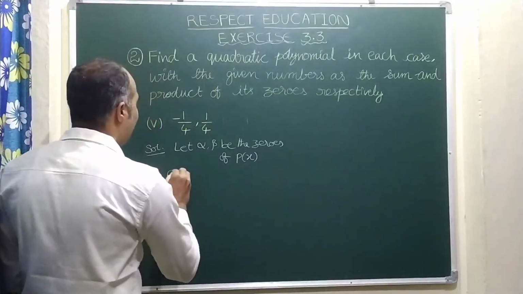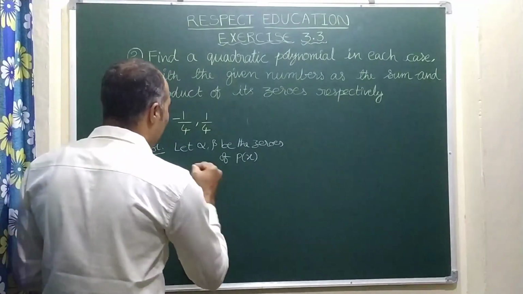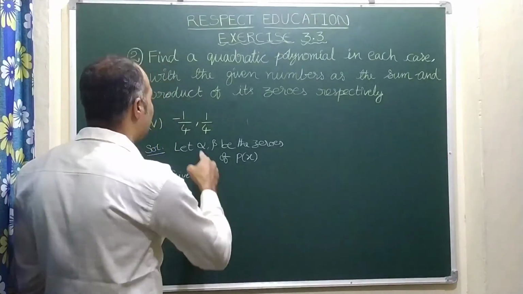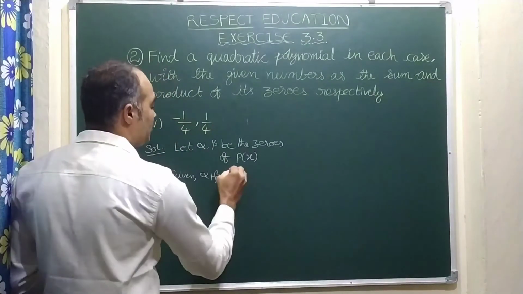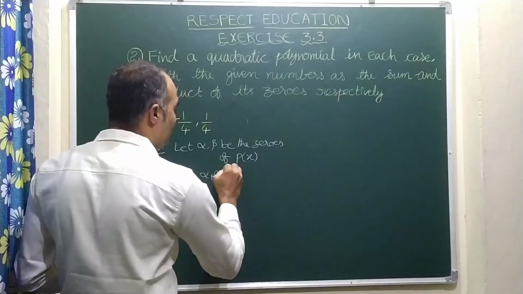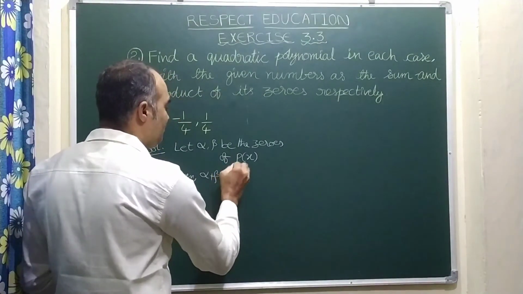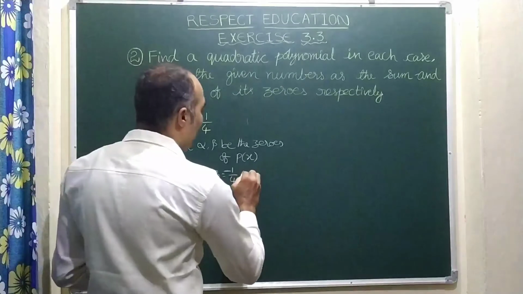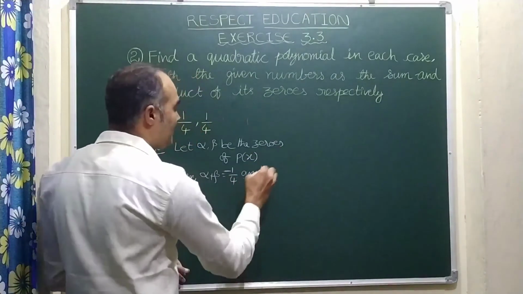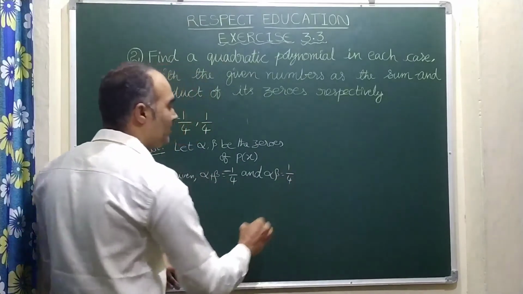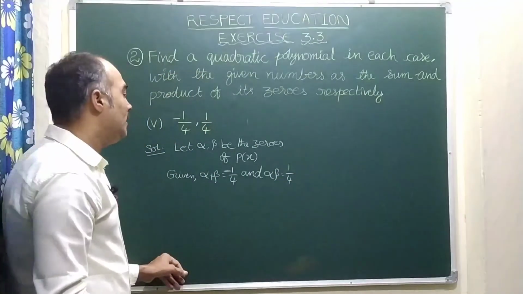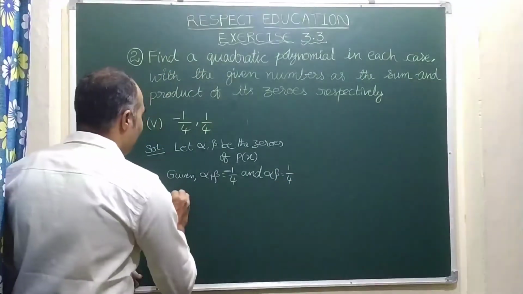So here given, since alpha and beta are the zeros, sum of the zeros, means alpha plus beta is equal to first value, that is minus 1 by 4. Alpha plus beta is minus 1 by 4. And second value is product, that is alpha into beta is equal to 1 by 4. Right? Now let us write the required polynomial.